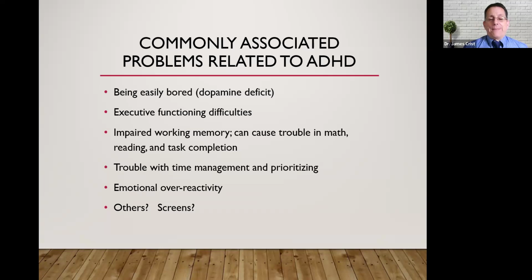Emotional overreactivity. And I'll talk about this a couple of times during this morning's talk. That is often not typically seen as part of ADHD, but it's a very important part. So if you think of emotions, kids are learning how to manage their emotions. It is a difficult thing. As we also know, adults have the same problem managing their emotions.